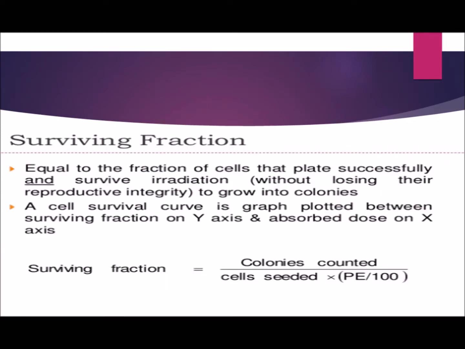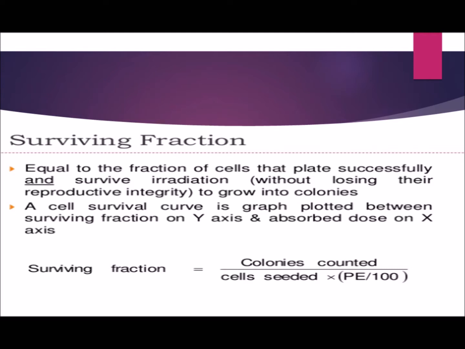Surviving fraction is equal to the fraction of cells that plate successfully and survive irradiation without losing their reproductive integrity to grow into colonies. A cell survival curve is a graph plotted between surviving fraction on the y-axis and absorbed dose on the x-axis.